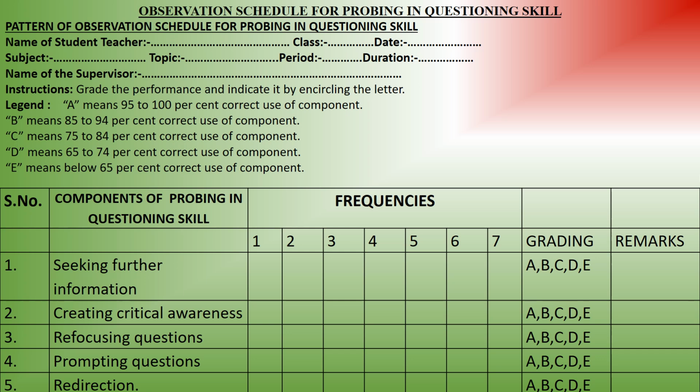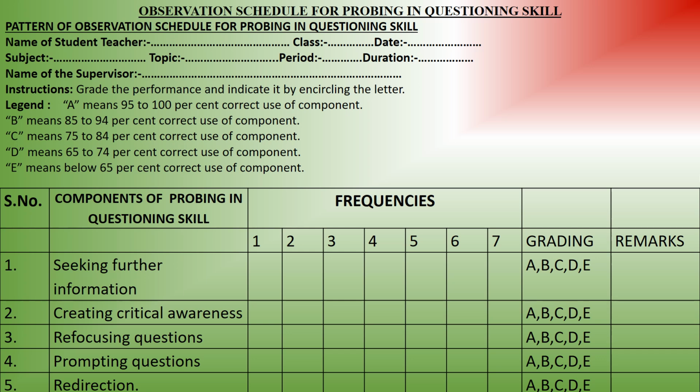After this, the observation schedule will be divided into 5 columns. In the first column, the serial number will be written. In the second column, the components of probing questioning skill of micro teaching will be written. The components are seeking further information, creating critical awareness, refocusing questions, prompting questions, and redirection.